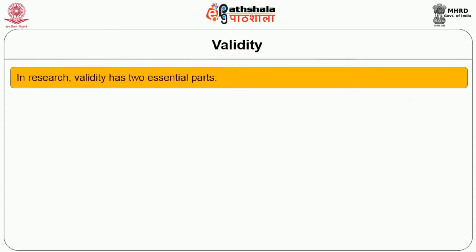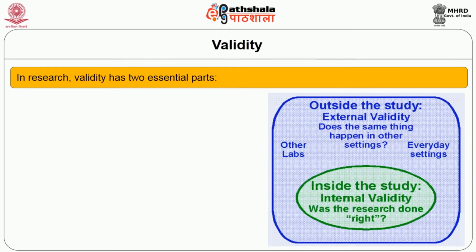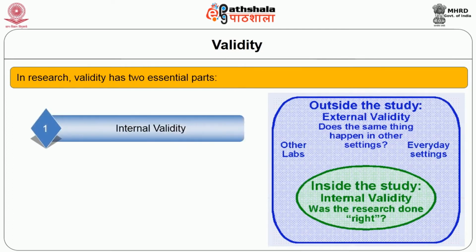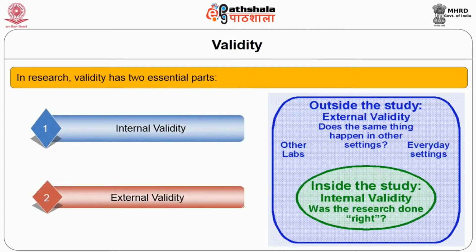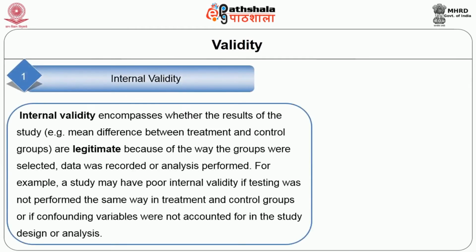In research, validity has 2 essential parts: internal and external validity. Internal validity encompasses whether the results of the study, for example, the mean difference between treatment and control groups, are legitimate because of the way the groups were selected, data was recorded or analysis performed.